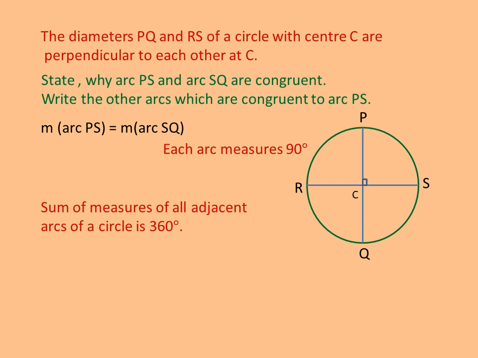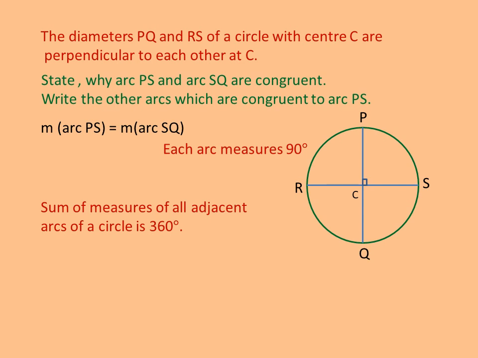Keeping this in mind, you will say 90, 90, 90 and 90. So the total measure of all the adjacent arcs of a circle is 360 degrees. My dear friends, if you join two protractors, it forms a circle, and the total measure of one protractor is 180 degrees and the second one is 180 degrees. So in total it forms the circle and it becomes 360.